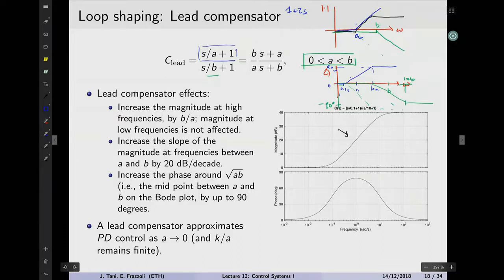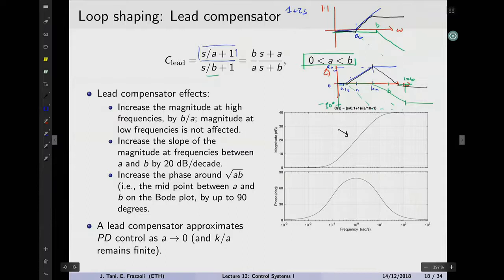This is an example of the magnitude contribution of a lead element. For the phase, instead, it's 0, 0, 0, then it starts going up, and it stays at 90 degrees. It doesn't grow more than 90 degrees, so there's a cap there, and then it starts going back down to 0. Okay, this is if B is a decade bigger than A.